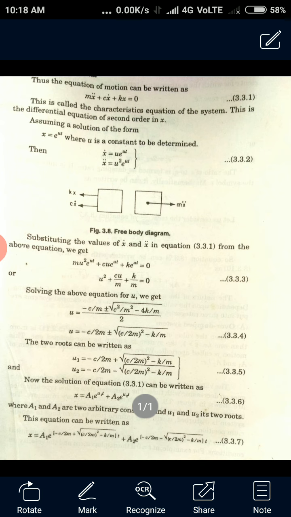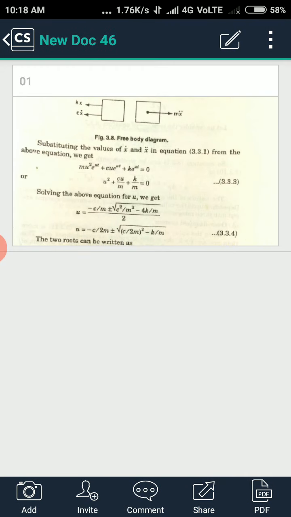You can write x equal to a1 e raised to minus c by 2m plus square root of c by 2m whole square minus k by m, into bracket t, plus a2 e raised to minus c by 2m minus square root of c by 2m whole square minus k by m, whole bracket into t. That is equation 3.3.7.